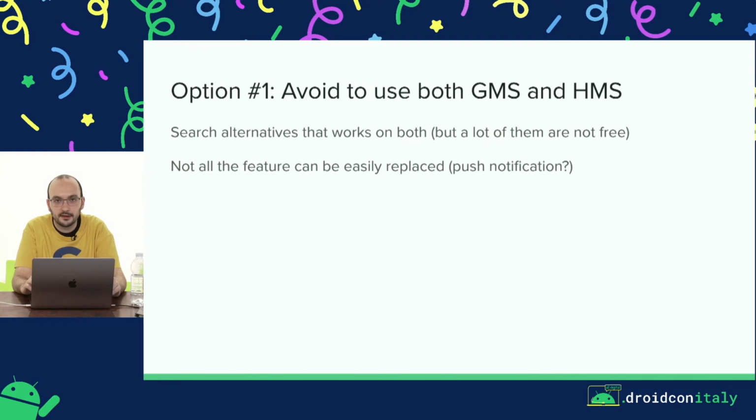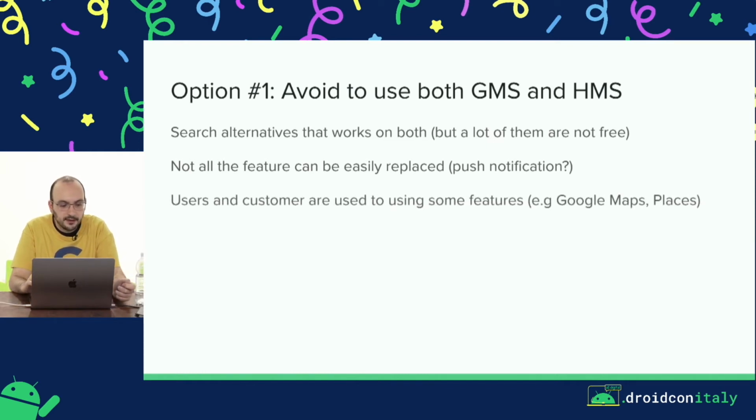Of course, we can try to manage them by ourselves using some background service, but it's not a recommended practice. The operating system can always kill your background service and you won't be able to receive any push notifications. So the most reliable method to have push notifications on Android smartphones with Google Play Services is to use Firebase Messaging, and on devices with HMS is to use Huawei PushKit.